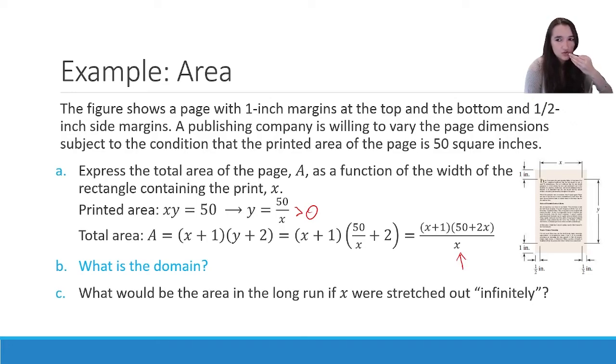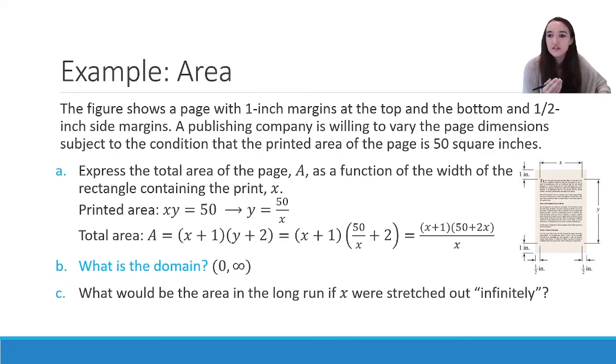So x can go off towards positive infinity, and we're never going to cross 0, right? Because 50 over x is just like taking our normal reciprocal function, and yes, it's times 50, but that's not going to change the fact that it has this horizontal asymptote at y equals 0. So in fact, we're never going to cross 0. So my domain ends up being 0 to infinity.